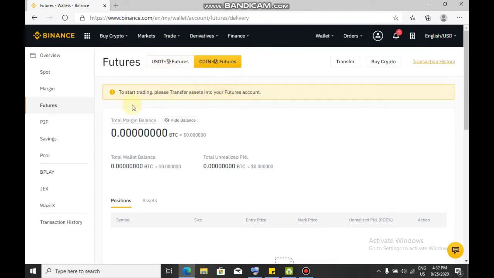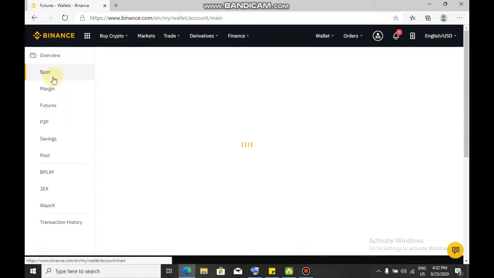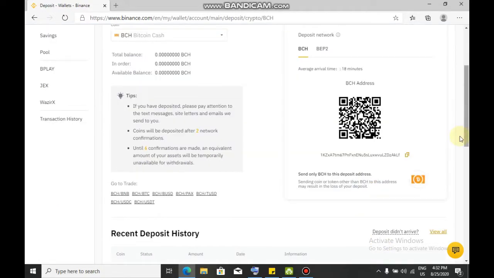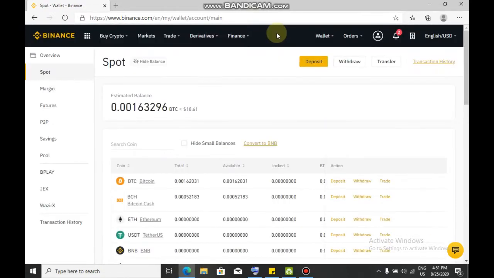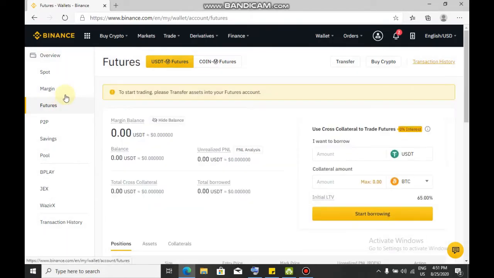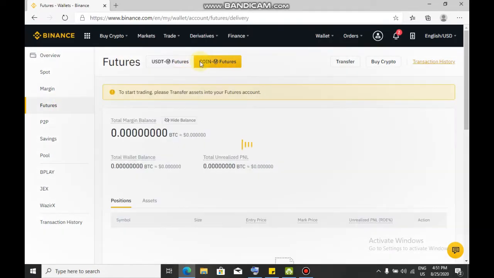So I need to go to the spot, because I have to make a deposit into my spot wallet before transferring. Okay, so right now we have some Bitcoin in the spot wallet. We're actually going to make a transfer now to the coin margin futures account.